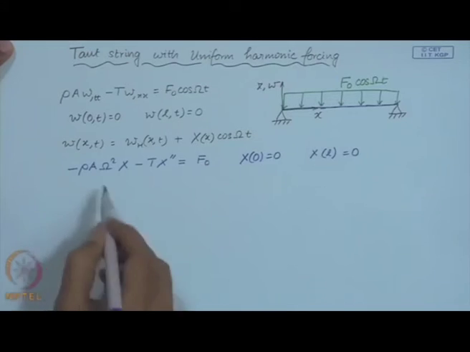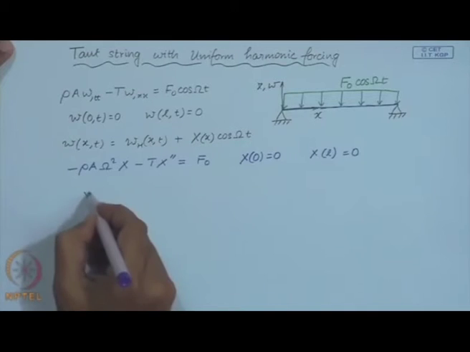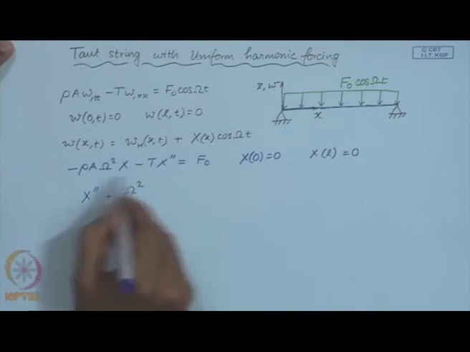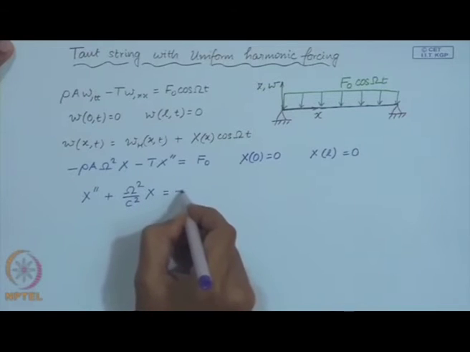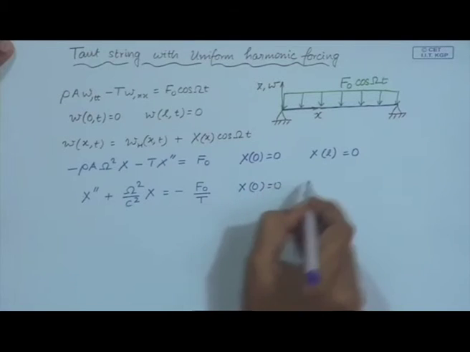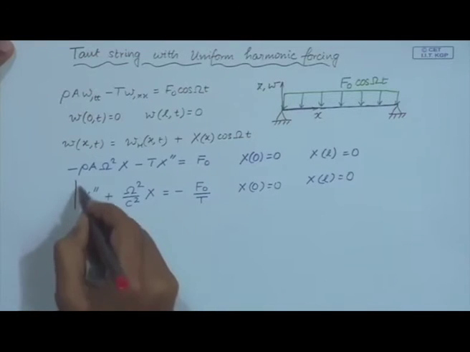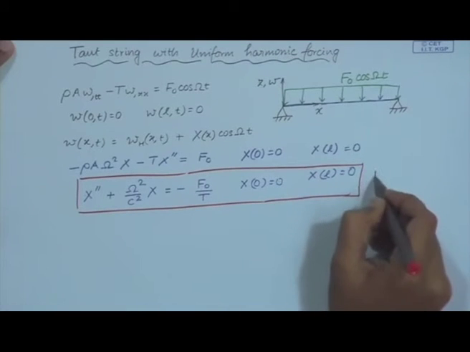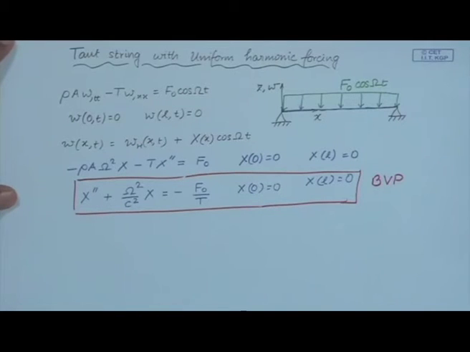Now, we will simplify this a little bit by dividing the whole thing by the tension, and T over rho a is c square. So, I will write it like this. Now, this is the boundary value problem of our system, which we are going to now solve.